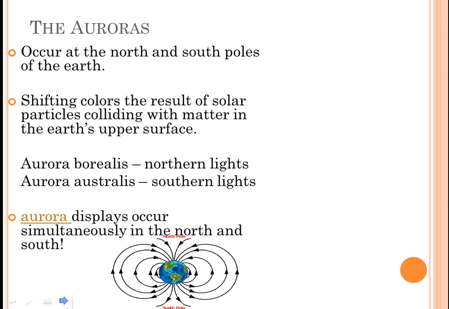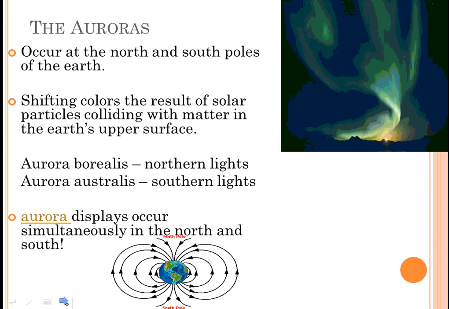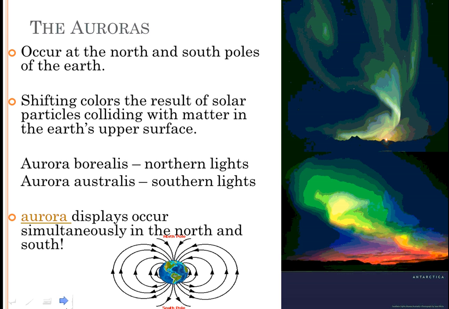And basically they happen at the same time in the north and south poles, or northern hemisphere, southern hemisphere, and it's pretty amazing to see if you've ever had the opportunity. And these are not photoshopped, these are with no filters. These are the actual colors of the northern lights, and it's just basically gas particles being excited by the solar particles and the energy that's coming in, and that's pretty amazing.